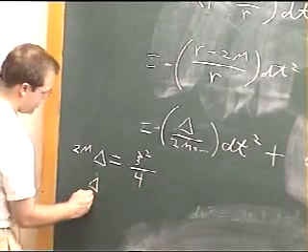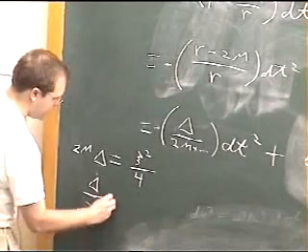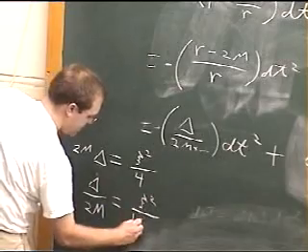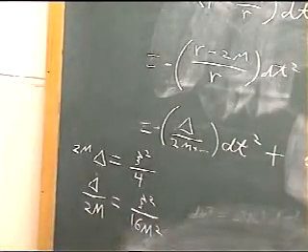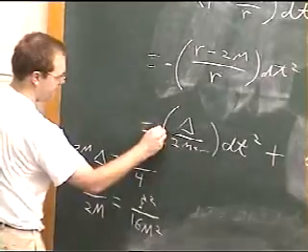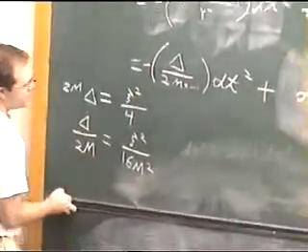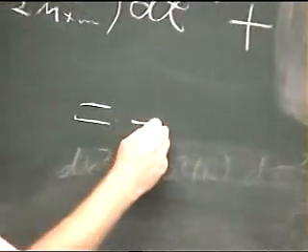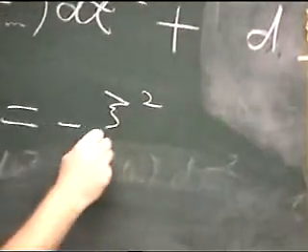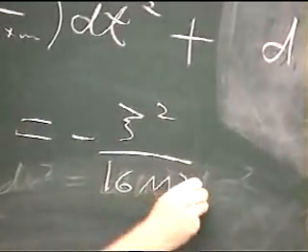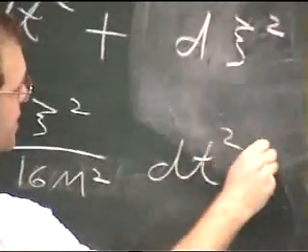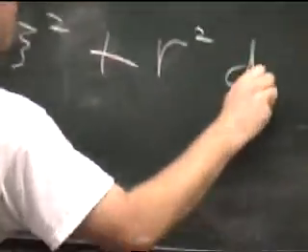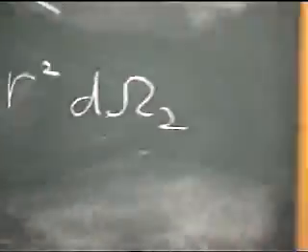And therefore, delta over 2m is equal to c squared over 16m squared. Right. So when all is said and done, we have now written the metric as minus c squared over 16m squared dt squared plus dc squared plus r squared d omega 2.